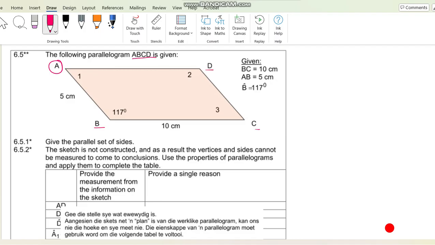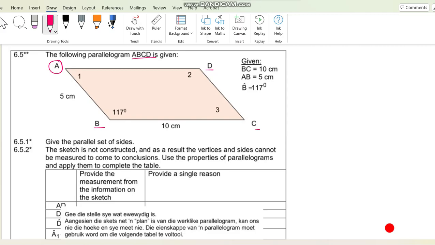If they ask you in the future to name your shape, ABDC, or ABCD, or whatever, you have to do it in the following order. You must say A, B, C, D. You cannot say A, B, D, C. It's an order.